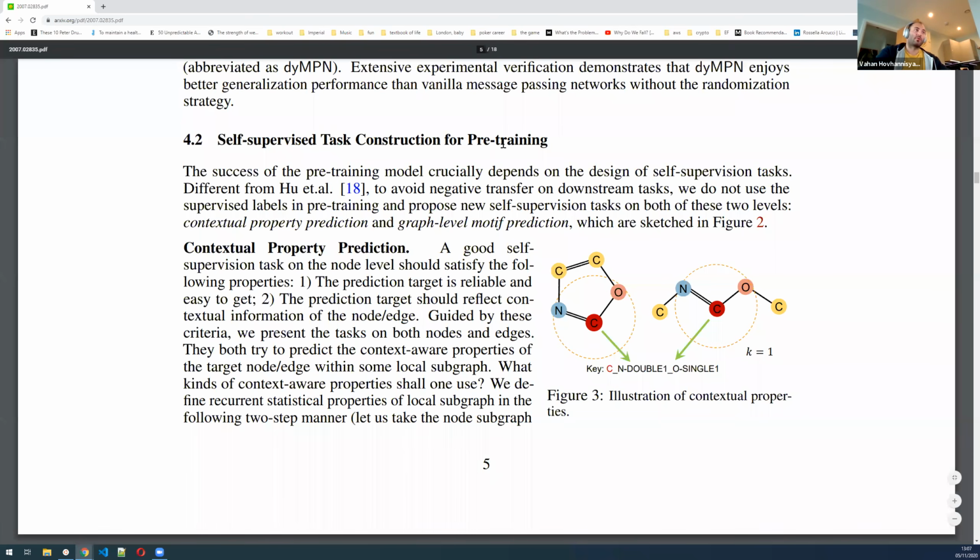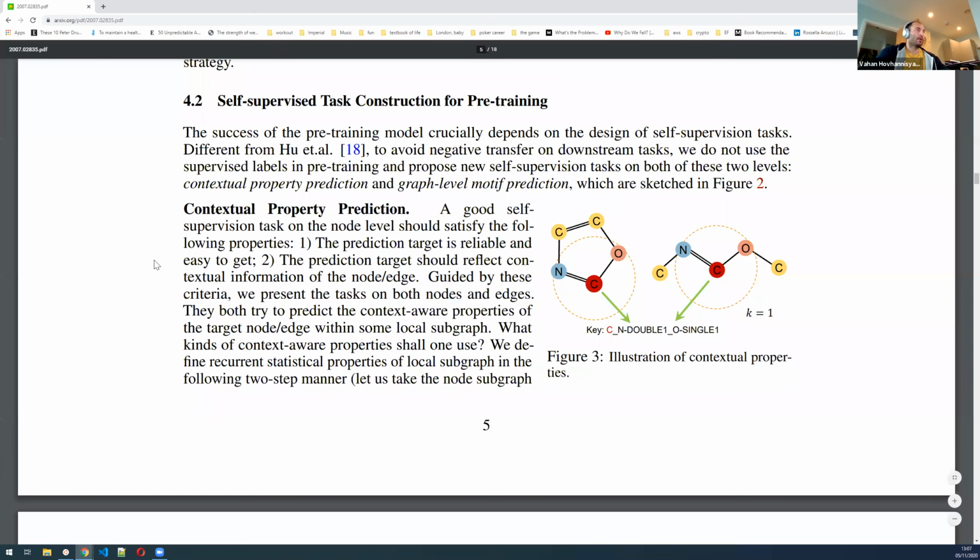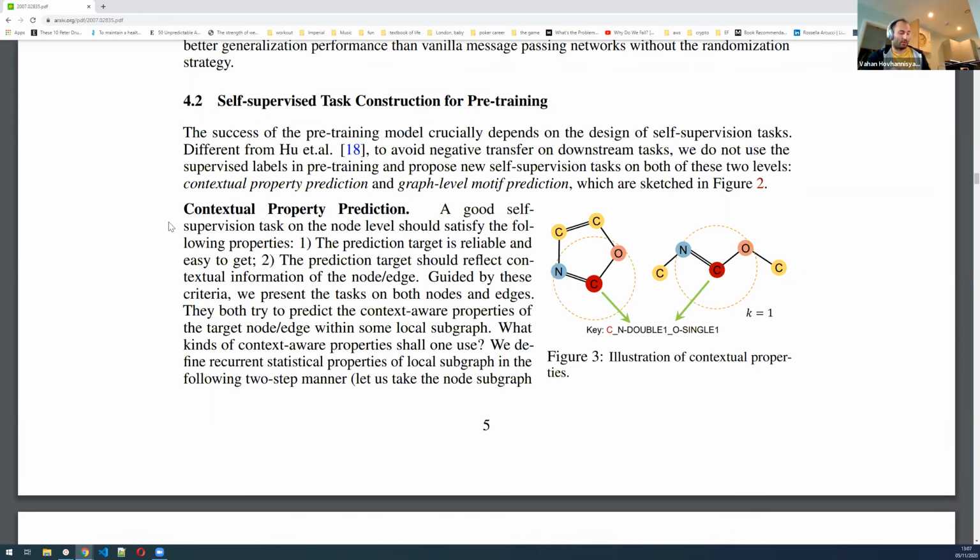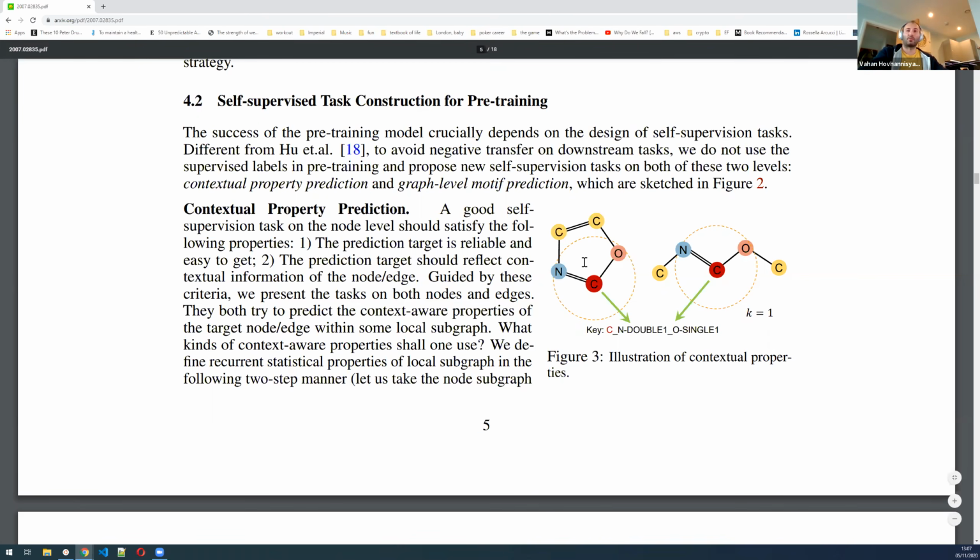constructing self-supervised tasks for pre-training. So here we don't have any labels. So we will construct two tasks that we will use for pre-training. Right. So those are examples of molecules, simple, small examples, and here they show how the contextual properties work.